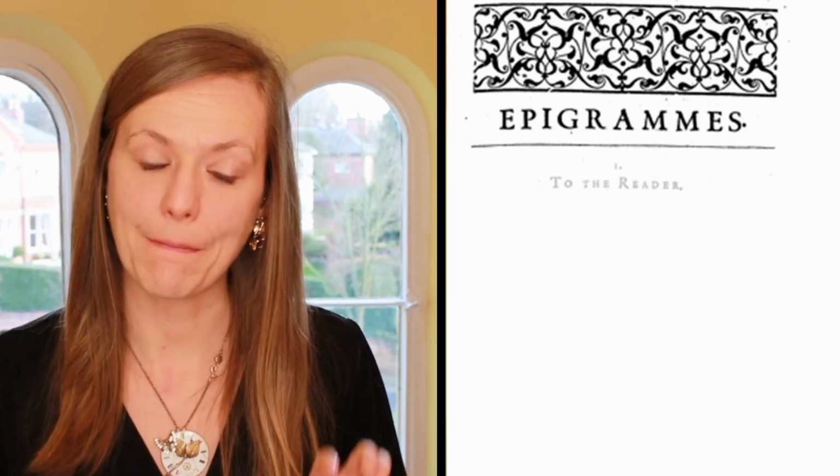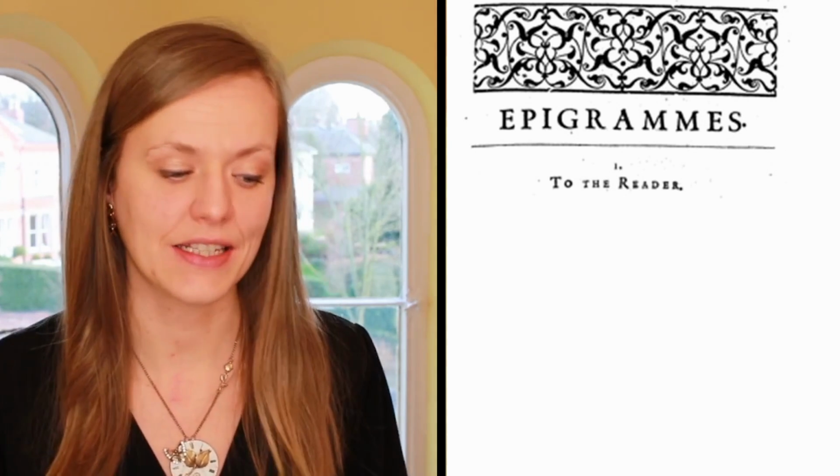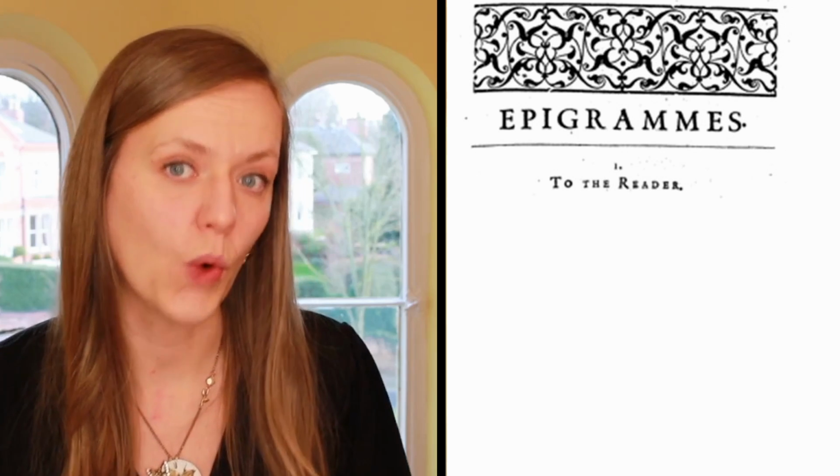In the very first epigram in Ben Jonson's Epigrams, Ben Jonson asks the reader not to be a bad reader and to take the time to understand his writing, to read it well.